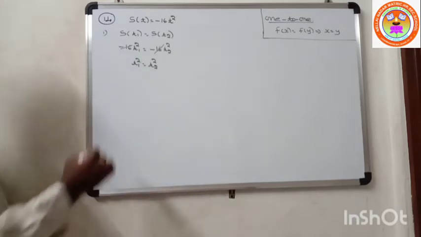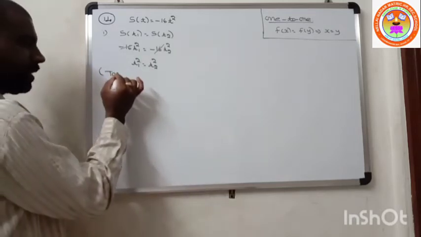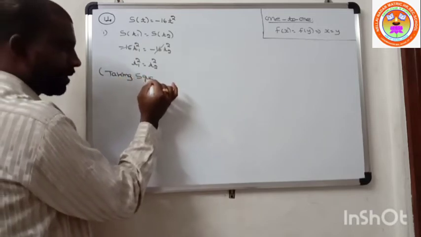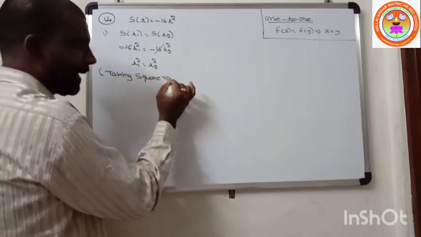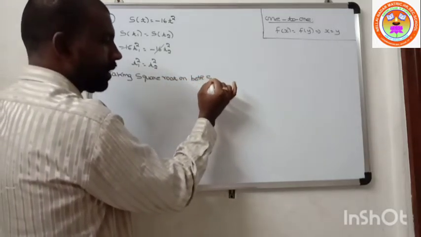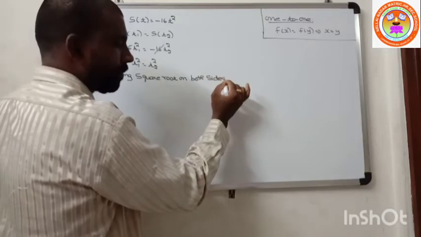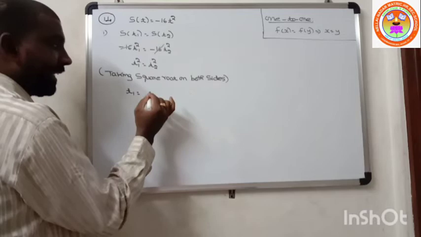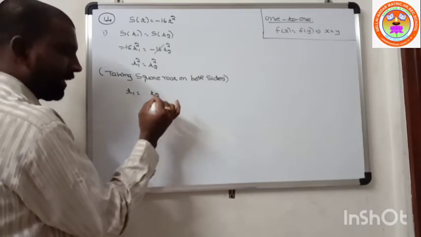To remove the square, taking square root on both sides. Root square cancel, t1. Root square cancel, t2.